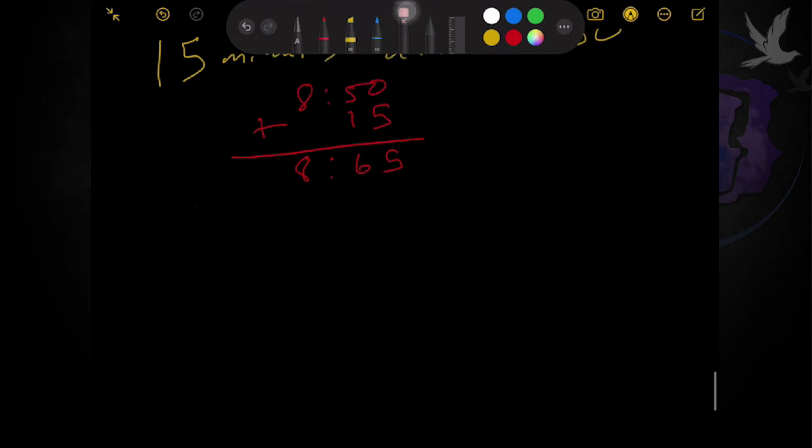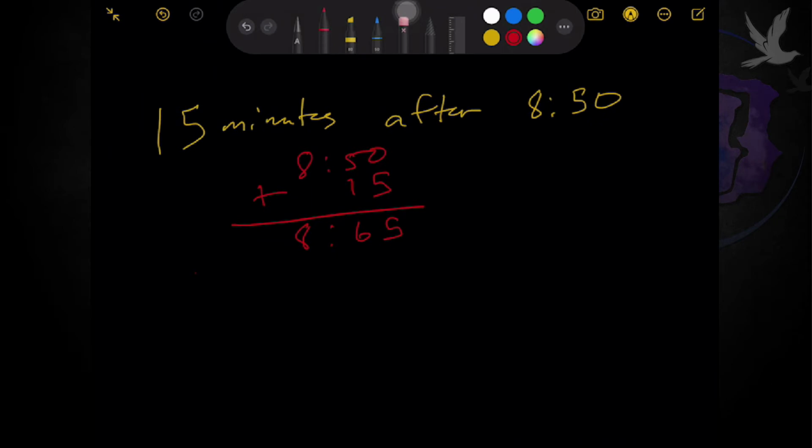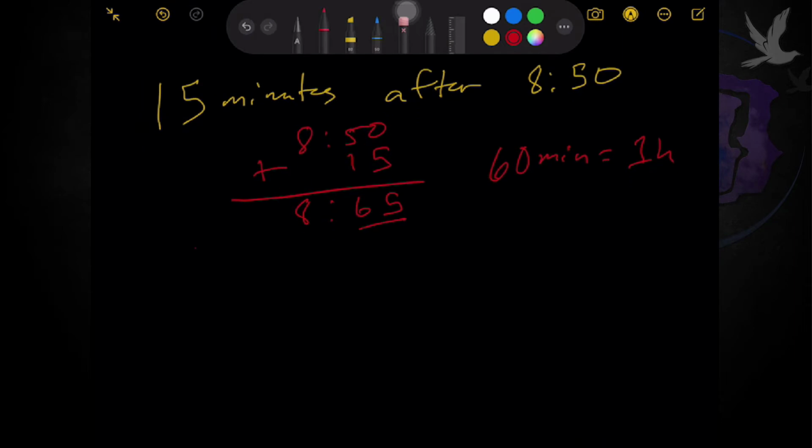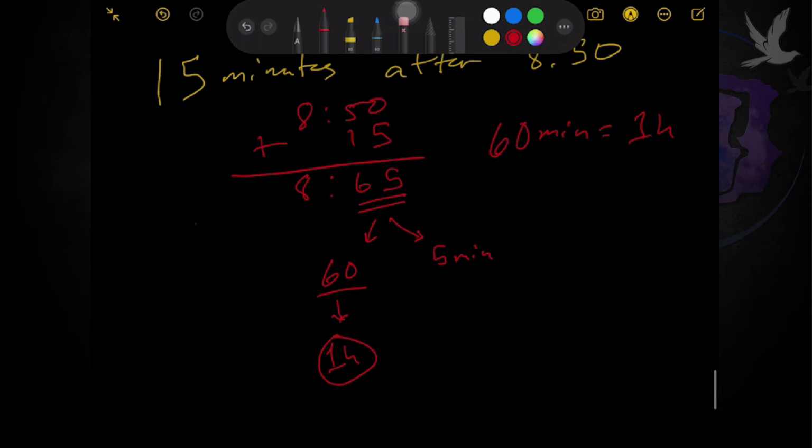So, ang mangyayari dyan, always remember nga, put in mind that every 60 minutes is equivalent to 1 hour. Okay. So, which means if you're gonna take out 60 minutes out of this one, you are now left with 5 minutes. And for this one, all you need to do is just to change it to 1 hour. And once it's already in 1 hour, all you need to do is just to add it up with this hour over here.